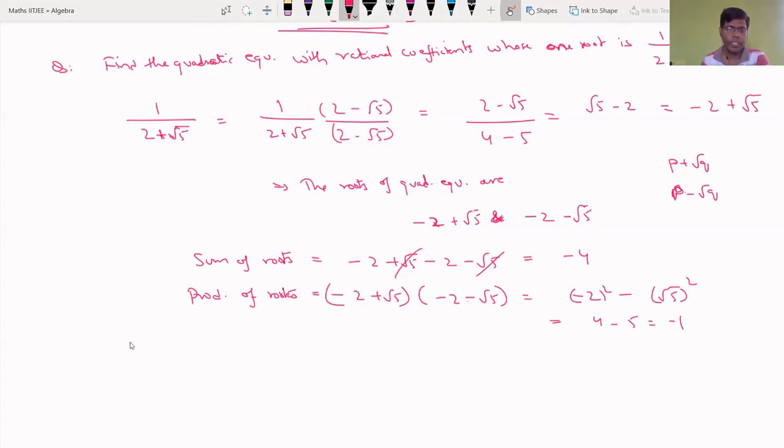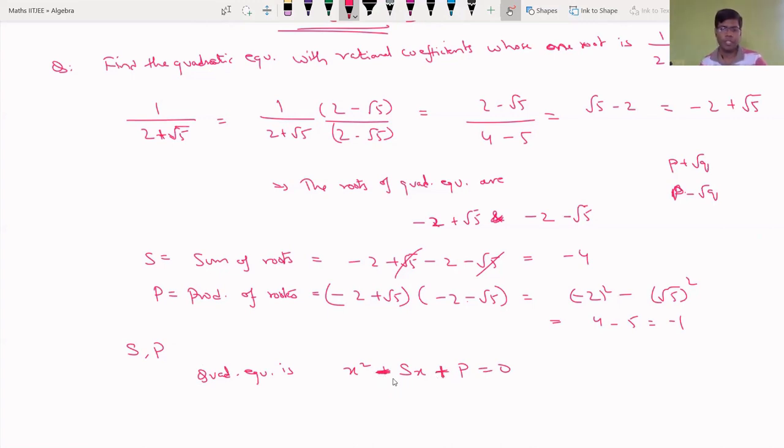So we know that if I have the sum of the roots as s and product of the roots as p, then the quadratic equation is x square minus sx plus p is equal to 0.